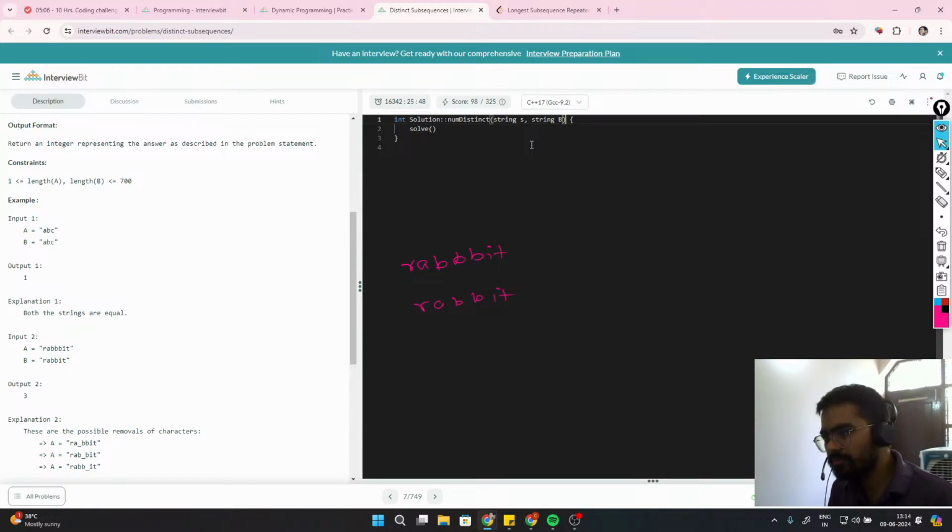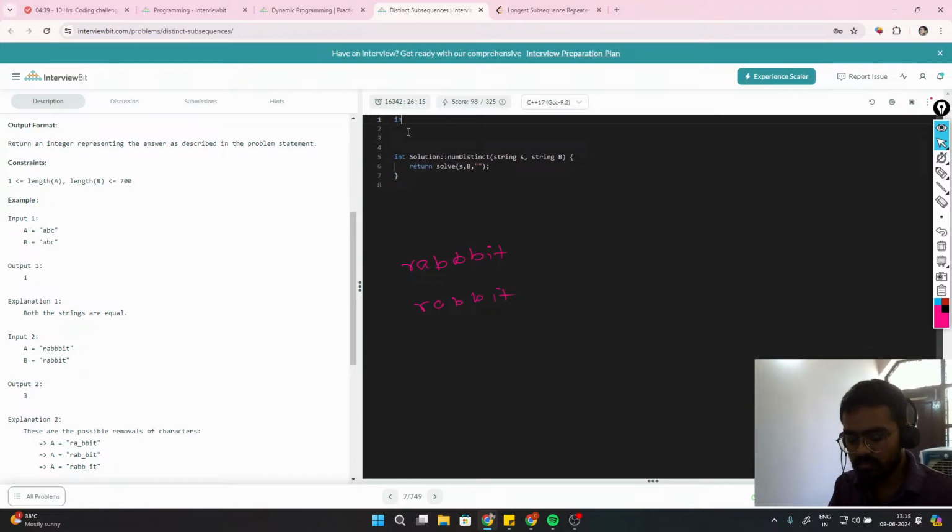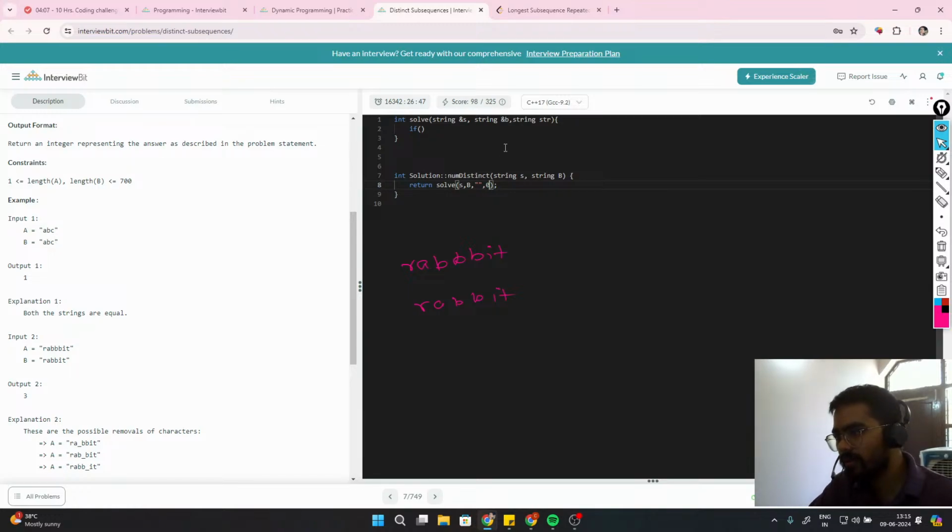I need to remove S. I have string S. I have a string B. That I need to make, I also have to have an index IDX.